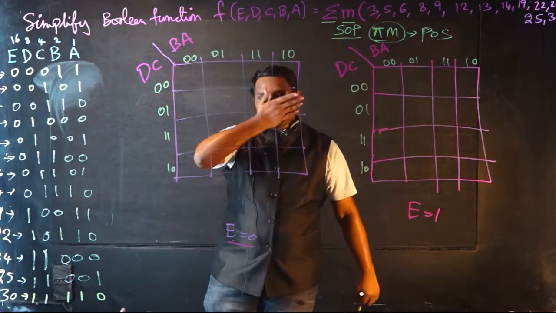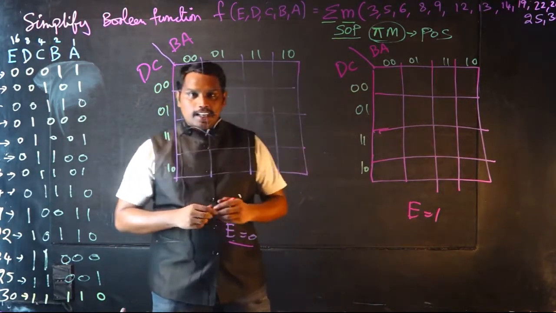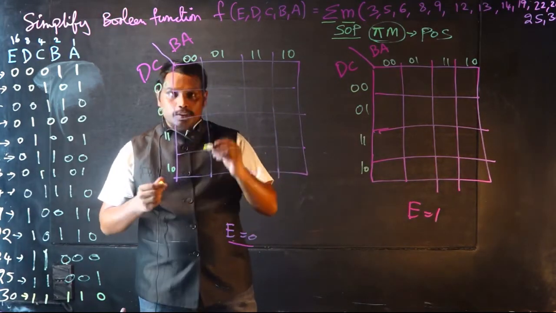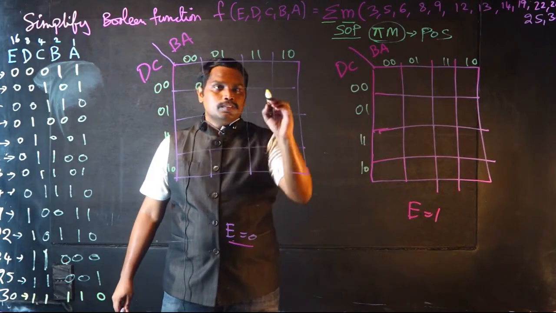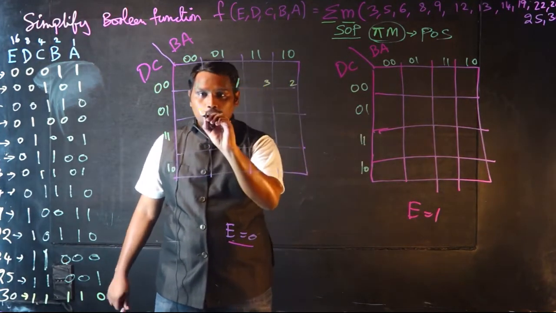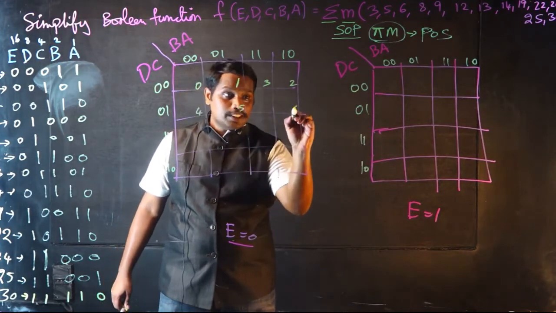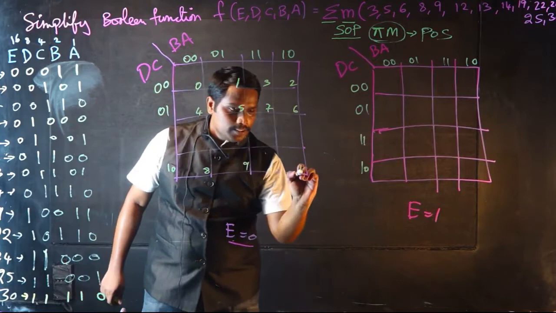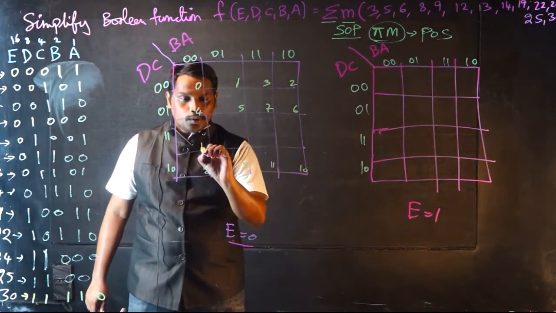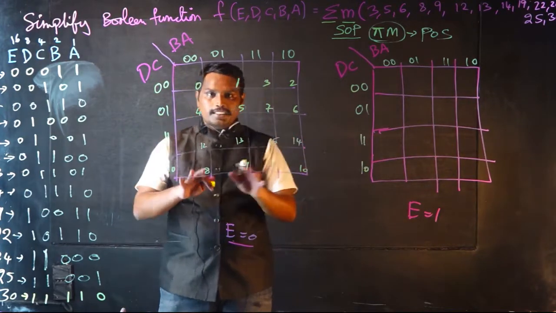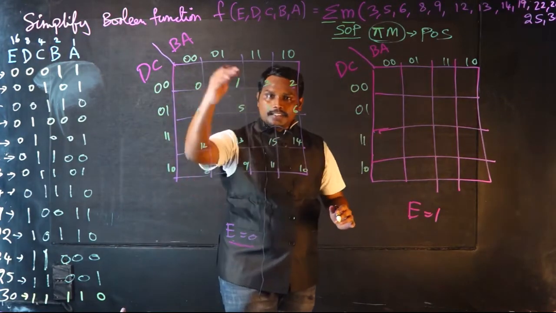Now we will see how to mark the positions of this Karnaugh map. As you are aware of how to plot a 4 variable Karnaugh map, here you can see position 0, position 1, position 2, position 3, position 4, 5, 6, 7, and then 8, 9, 10, 11, and then 12, 13, 14, and 15. This is how you have placed the first 16 cells in the first Karnaugh map.